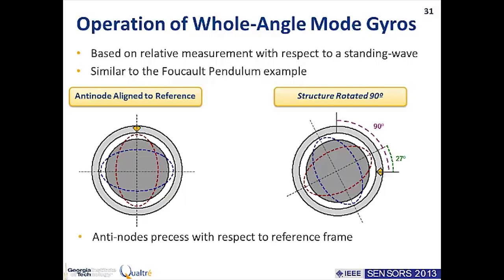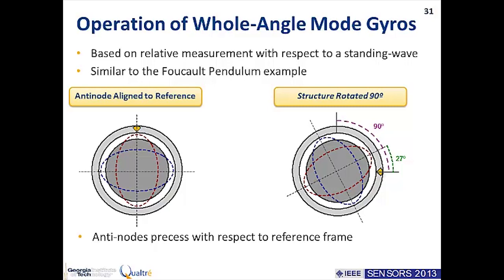So if we see here this reference point, which is the frame in which this structure is inside, and we rotate it 90 degrees, what we see is that the pattern of vibration doesn't rotate by the same amount as the input angle. And this effect is what actually allows us to use these devices to measure rotation rate.